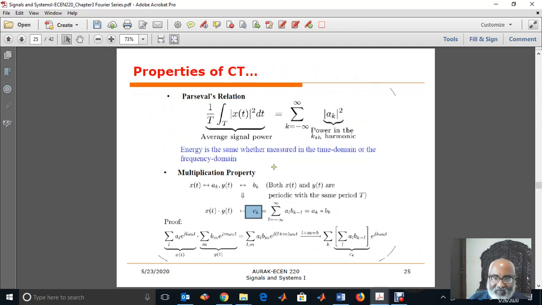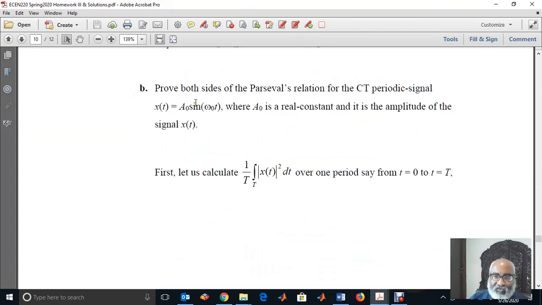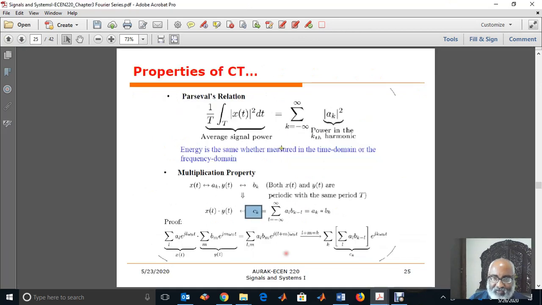Okay, for Parseval's relation, we can have an example here. For example, let's say I have a signal x of t equals a naught times sine omega naught t. Prove both sides of Parseval's relation. That means make sure that the power computed from this relation is the same as the power computed from this relation.